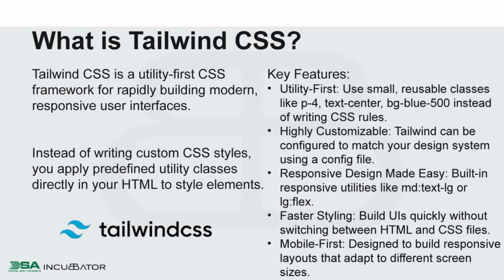Okay. So key features: utility first. Use small reusable classes like P4, Text Center. We get to see how these things work a bit. Highly customizable. Tailwind can be configured to match your design system using a config file. Responsive design made easy.